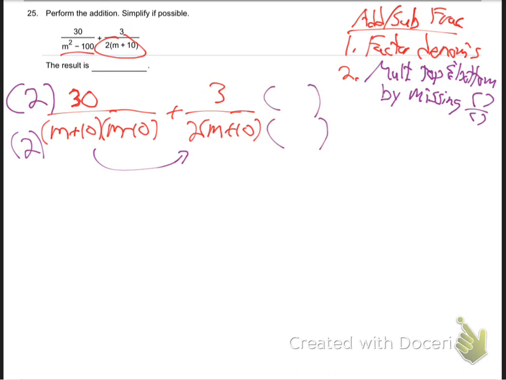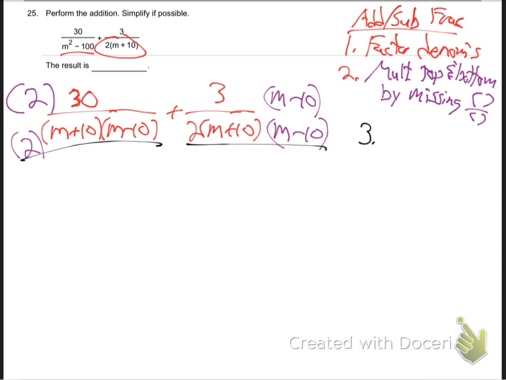And then this denominator, what's he missing when you compare back to the other one? He's got the m plus 10. He's missing the m minus 10. So notice I give him what they're missing. And now, see the two denominators are identical now? They have the same 3 pieces. You've made them the same by giving them what they were missing.